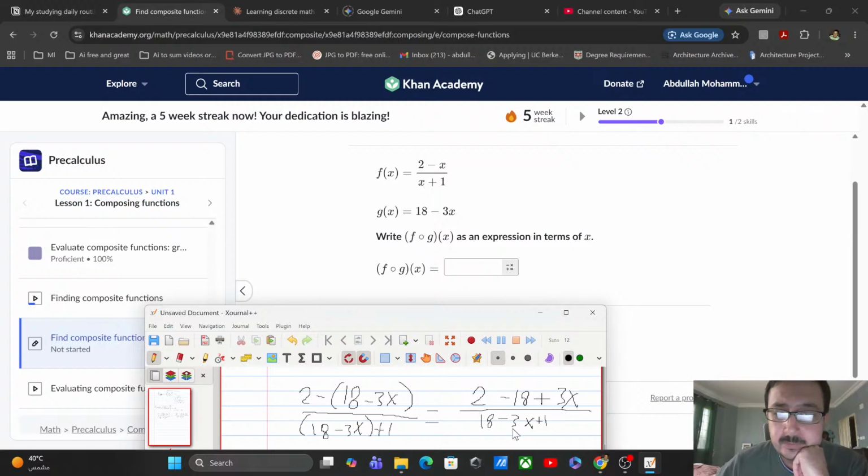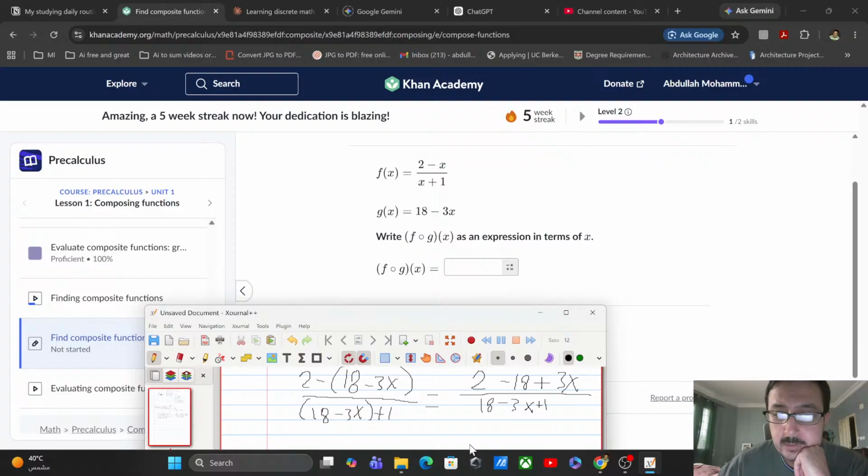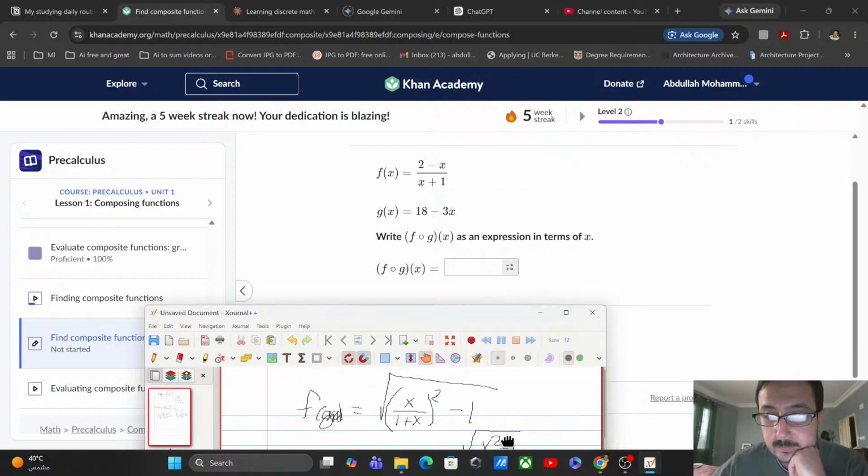Nothing will change because this positive means it's the same, no flipping signs. So 2 minus 18 is going to be minus 16.